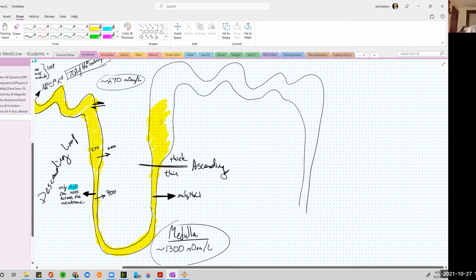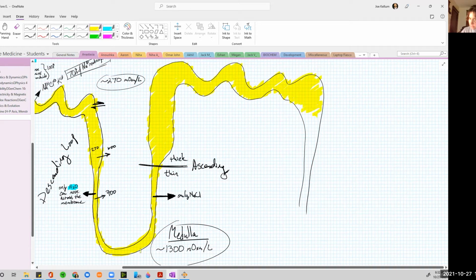But then whenever you get to the thick part of the loop, it's really the same thing happening. Only in the thicker part, the reason it's called the diluting segment is because here we're finally able to, if we want to, and we'll talk in a second about what want to means, but in the thick ascending limb, is when we're finally able to get the urine or the tubule, whatever, more or less concentrated than the surroundings.